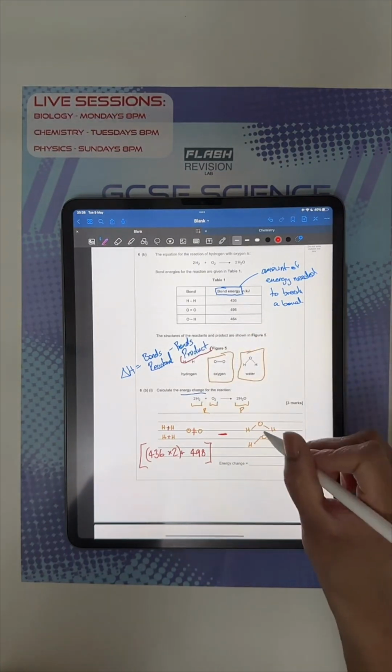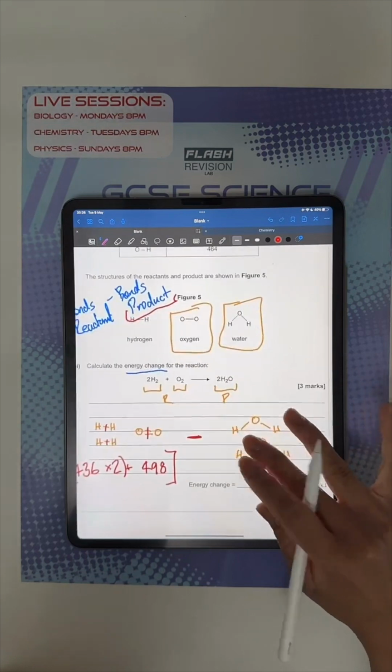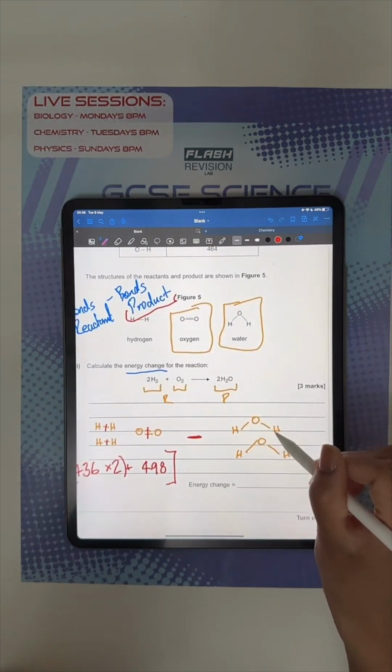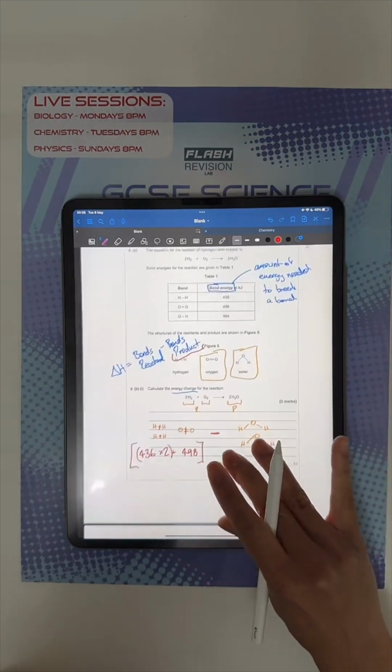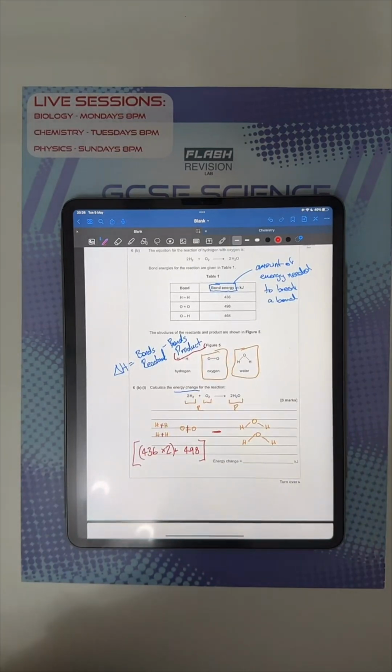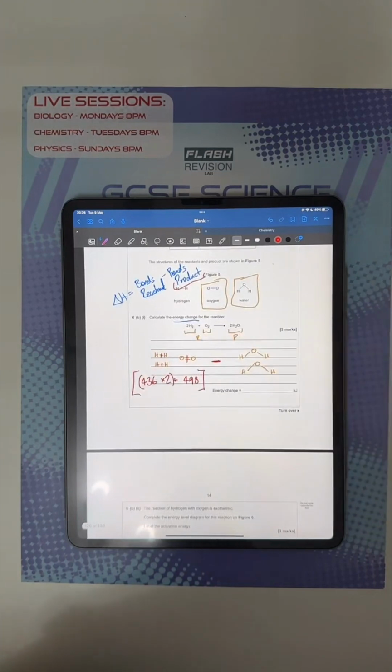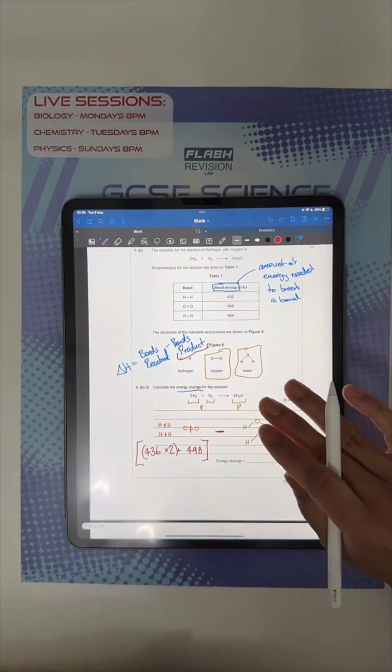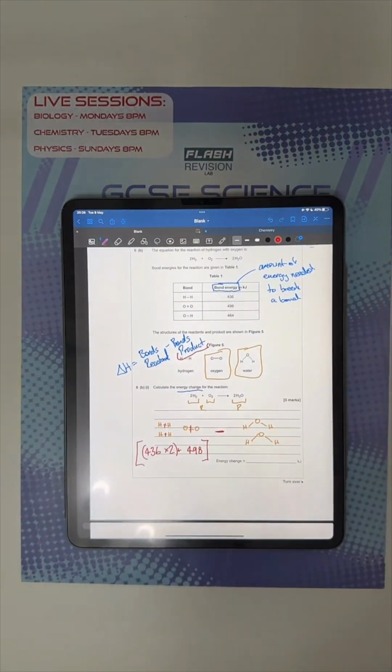Okay, so here we've got O-H bonds. Can you guys see that? We've got O-H bond, O-H bond, O-H bond, O-H bond. How many O-H bonds do we have here? 4, yeah.